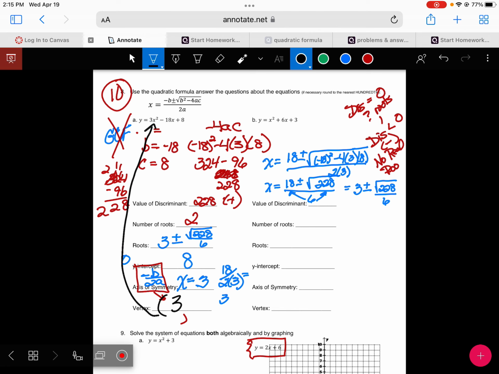Substitute that value back up here for x to solve for y. So 3 squared is 9. 9 times 3 is 27. Minus 18 times 3 is 54. Plus 8. 27 minus 54 is what? Negative 27. Plus 8 is going to be negative 19. So this is negative 19.